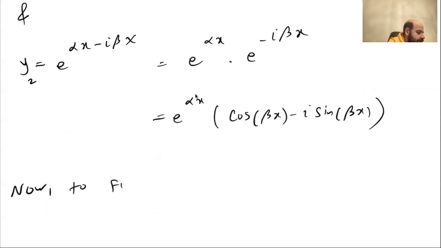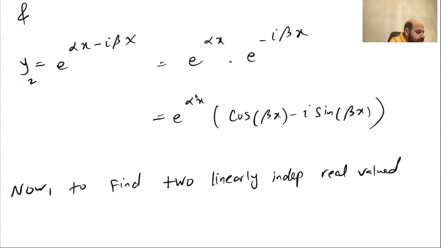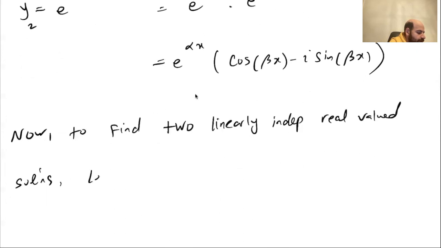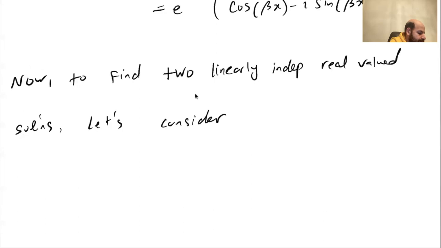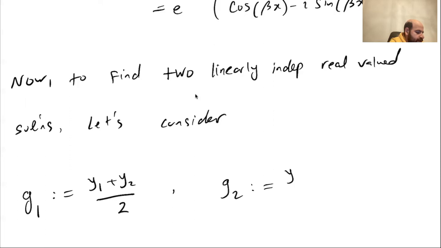So now, to find two linearly independent real valued solutions, let's consider, let's say, G1 as y1 plus y2 over 2, and G2 as y1 minus y2.